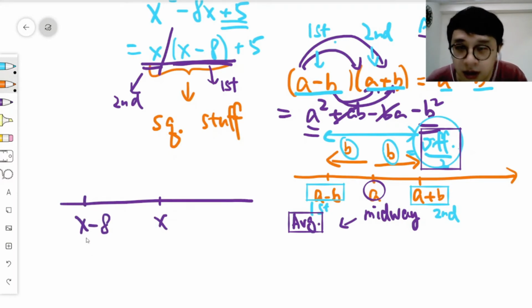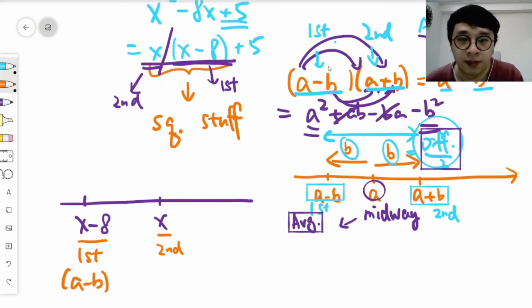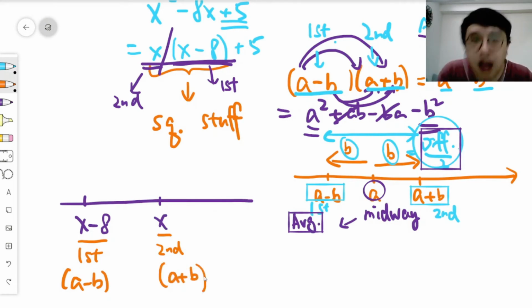So this is the first number, and this is the second number. It is to replace the a minus b thing in the formula. And this x represents a plus b. How about the a? The a should be in the midway, and so it is the average of x minus 8 and x.